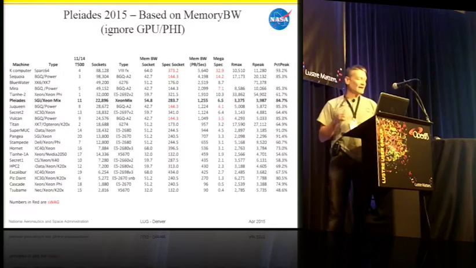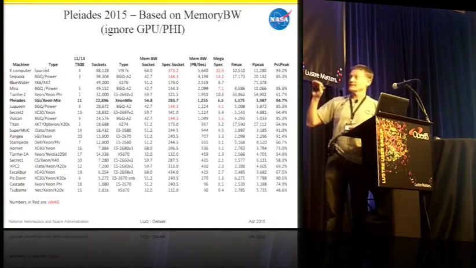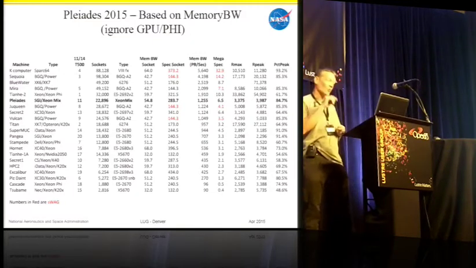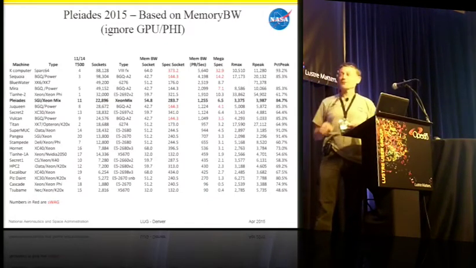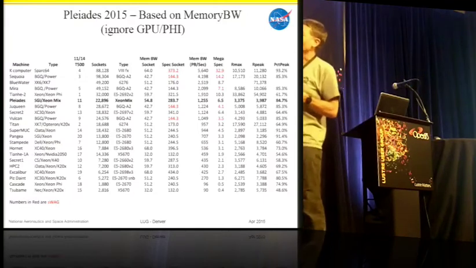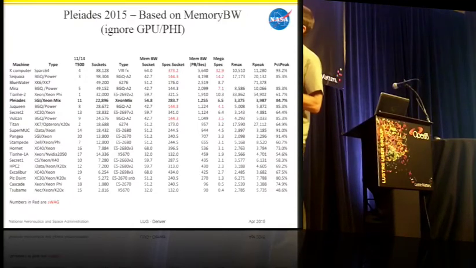And so if I calculated, and this is a little bit different, this is done on memory bandwidth, if I believe the OEMs about what they claim their memory bandwidth is going to the memory system, and then multiplied that out by the number of sockets that they have, then we sort of see what the memory bandwidth in petabytes per second is.